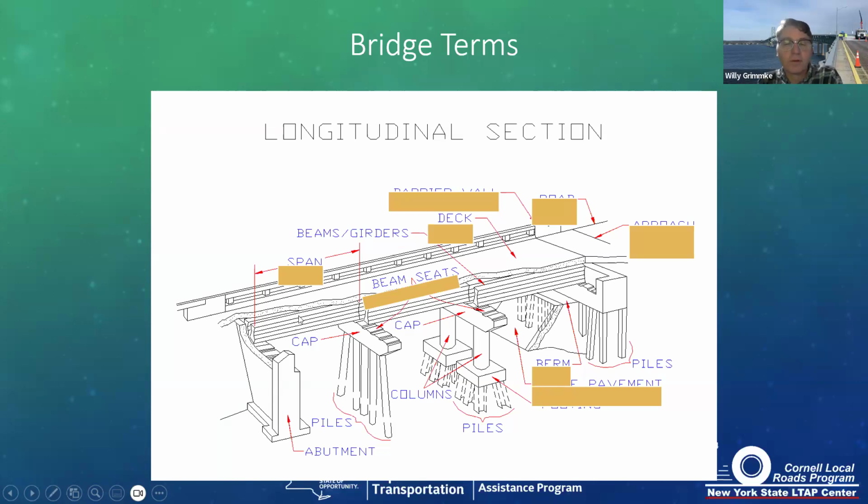We have beams and girders. This one looks like a pre-stressed concrete type of beam. And each of those beams sits on a beam seat on top of either the pile cap or pier cap and the abutment. We have an approach slab.